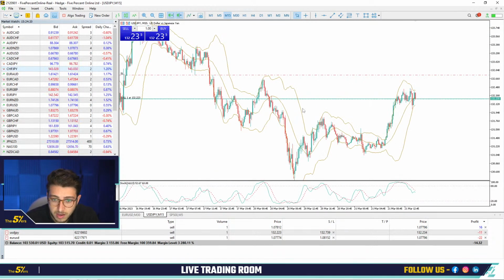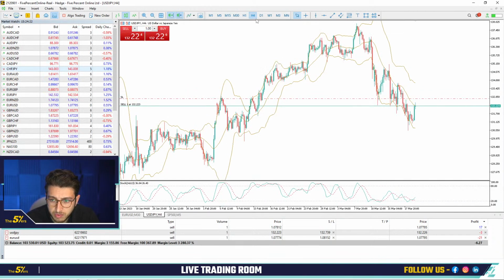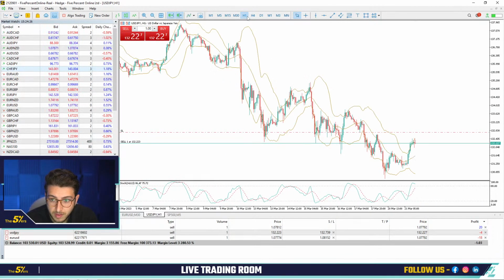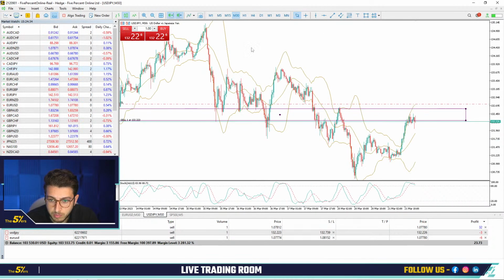In the dollar yen, I think I started from the H4. Here is the H4, I look at the downtrend. Then I go to the H1, find this big spot here, which can be a key zone, and then I execute maybe on the 30-minute chart. So this is how I made my analysis.